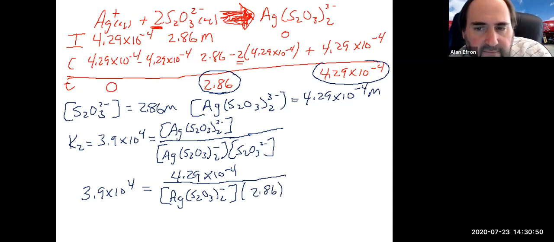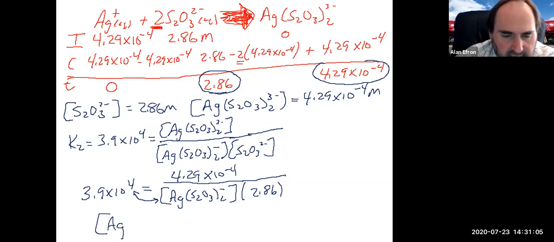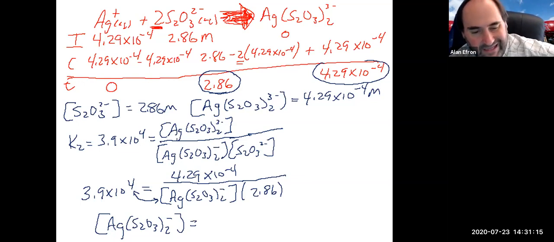So solving for the guy here, mathematically speaking, these two are going to swap places. And if you do that and solve it, you'll get that the concentration of the AgS2O3 2 minus there is going to equal a value of, I believe, 3.8 times 10 to the minus 9.